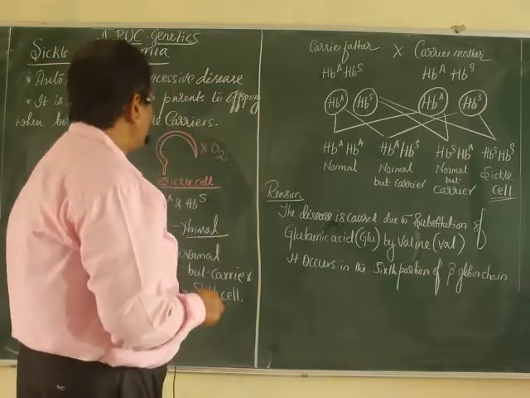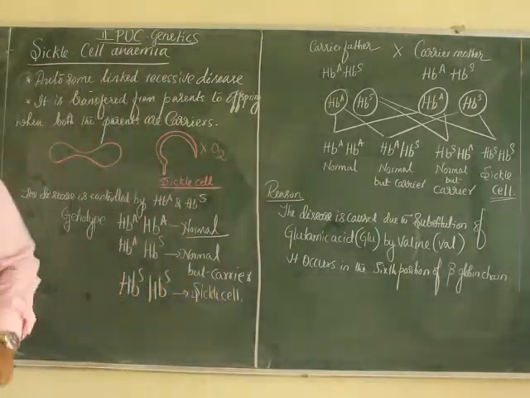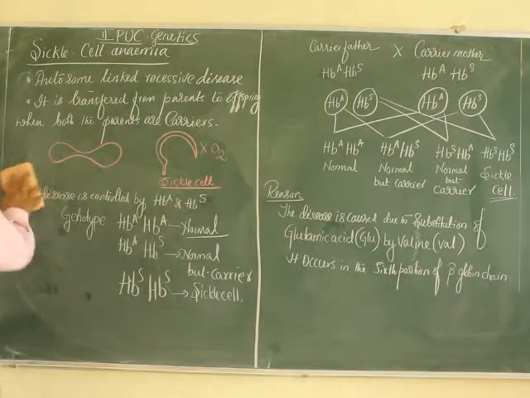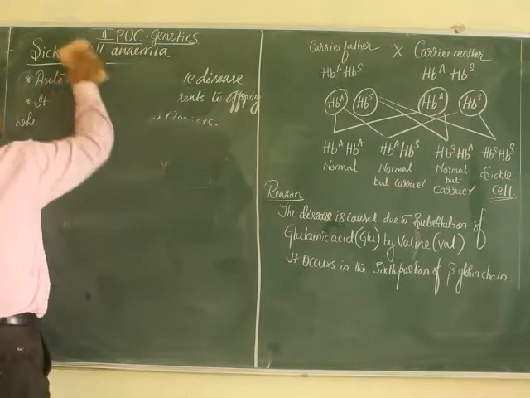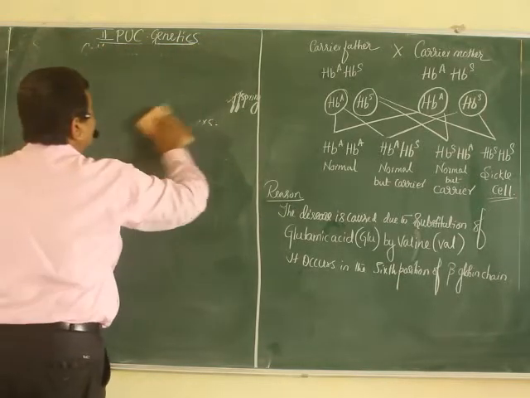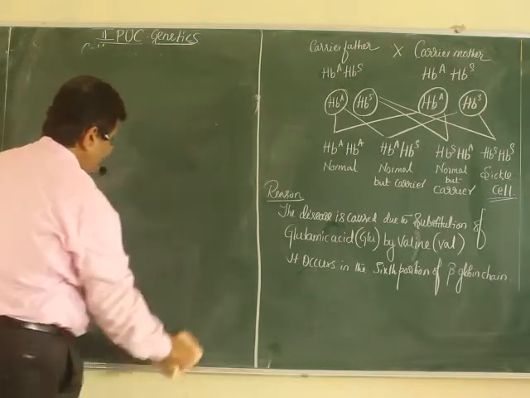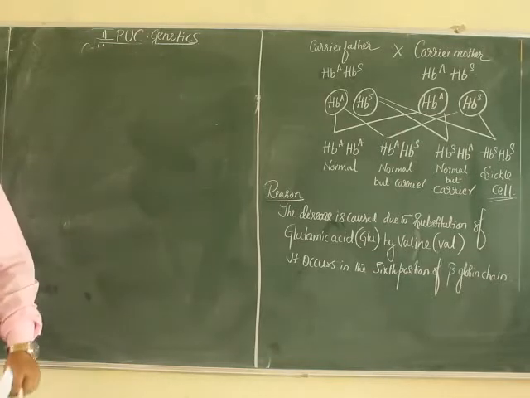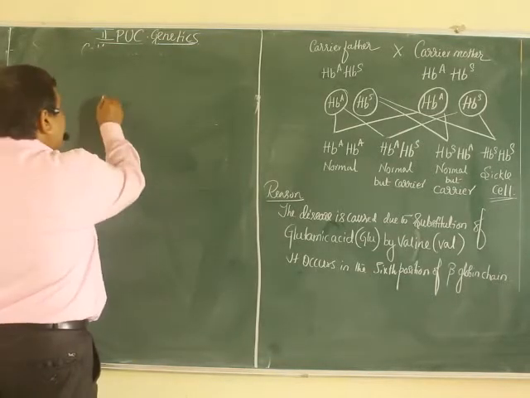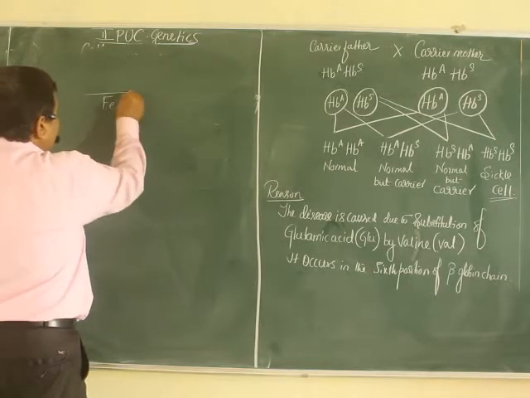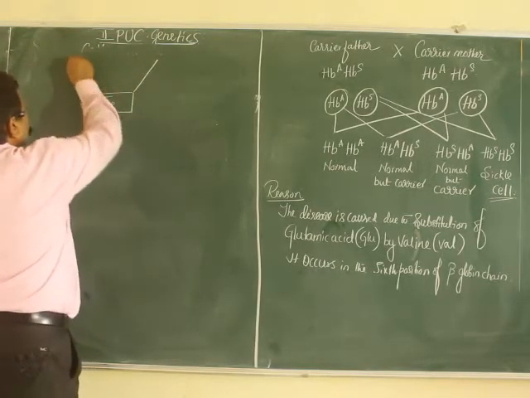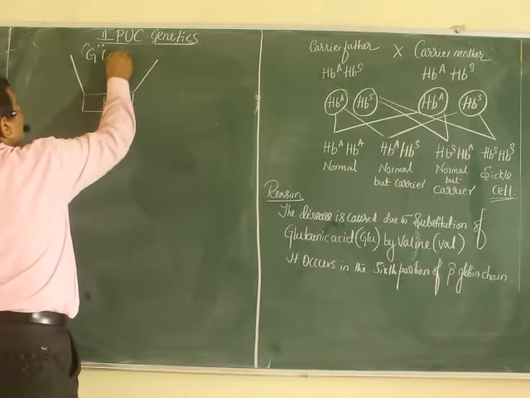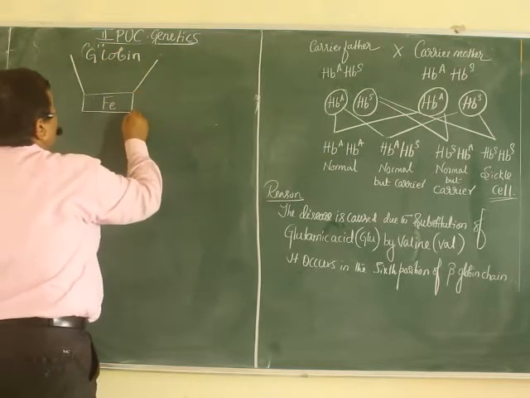So, I will write the structure of hemoglobin. Then you will get an idea. Rough structure I will write. Is it clear? So, dear students, the hemoglobin will be like this. There will be central iron, followed by globin.